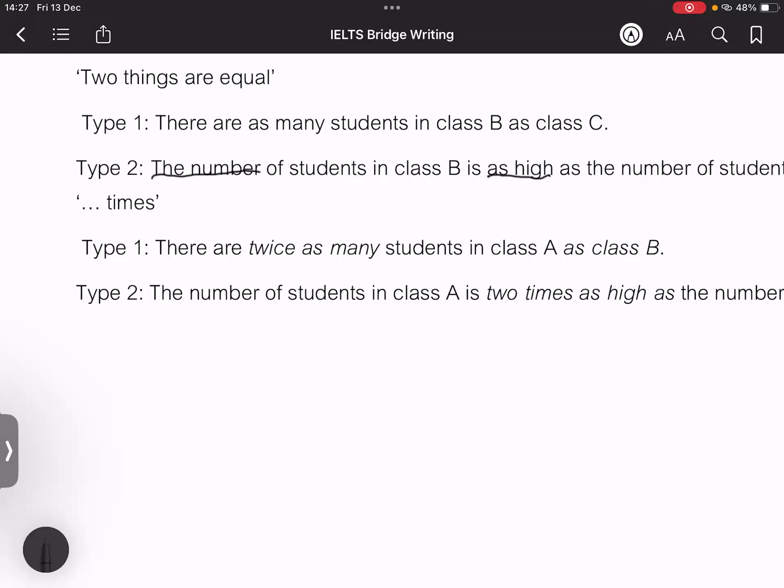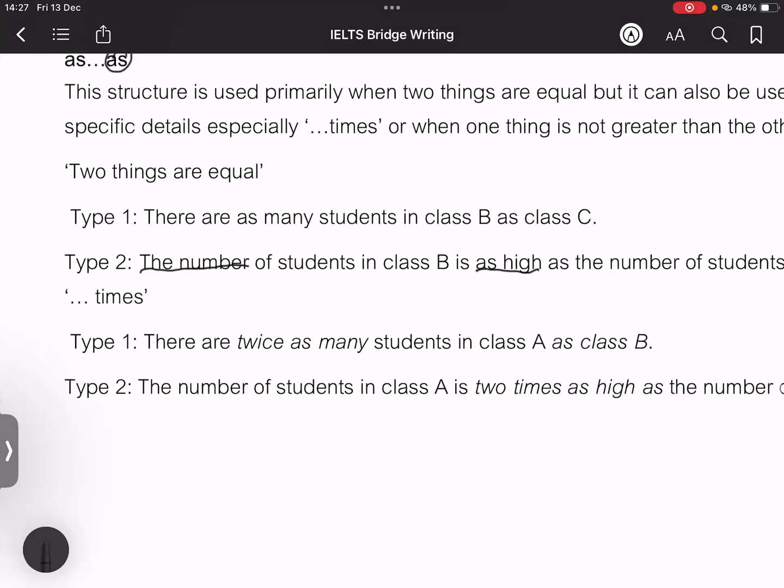Okay. So that's how you use as to describe two equal quantities. Now, what if two quantities are not equal? When one quantity is some number of factors greater than the other, you can use times.